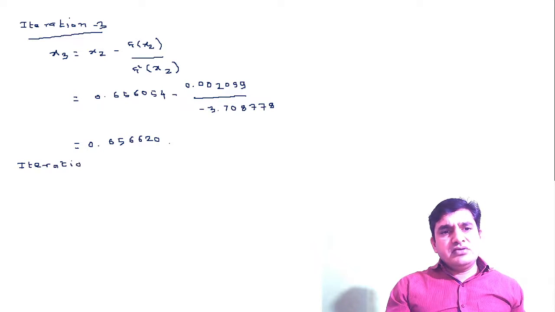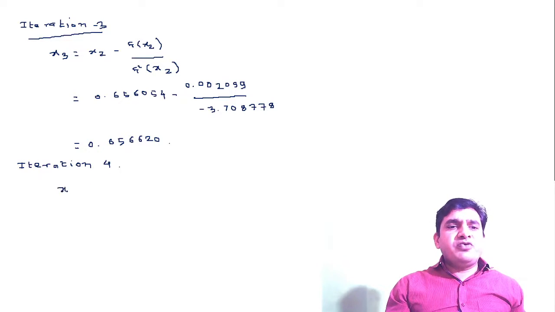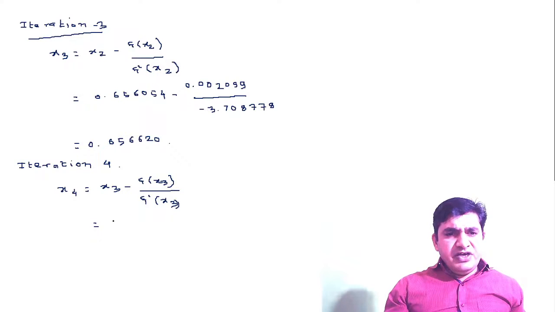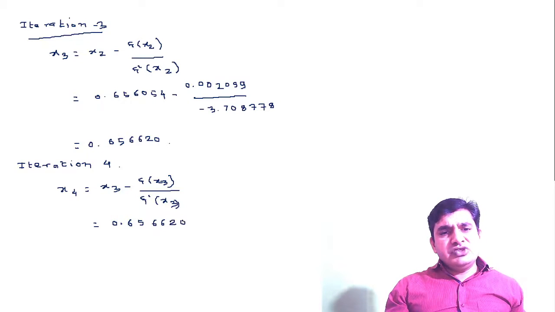Iteration 4. So x4 is equal to x3 minus f of x3 divided by f dash of x3. The value of x3 is 0.656620.